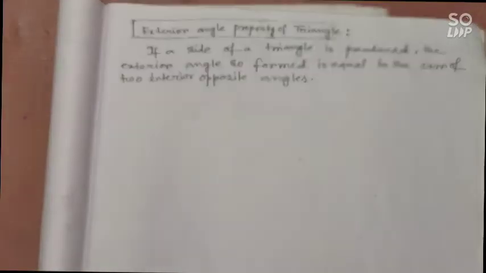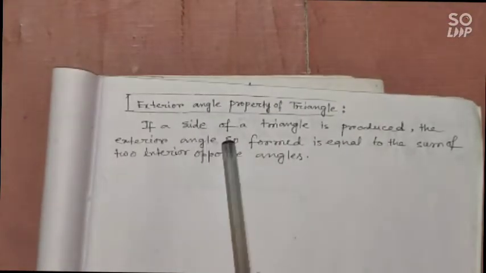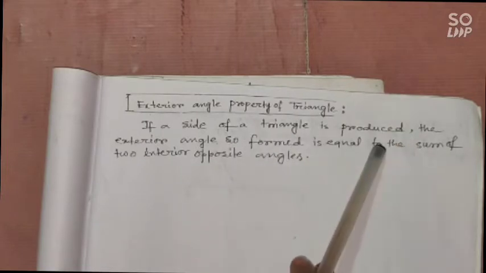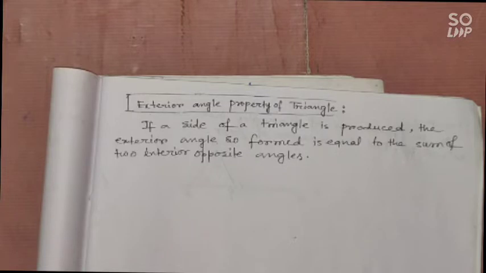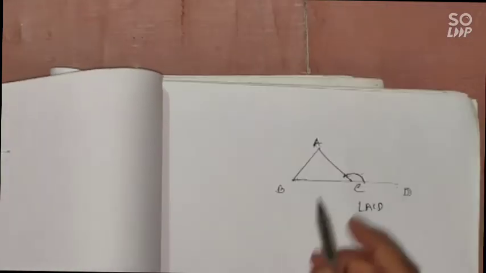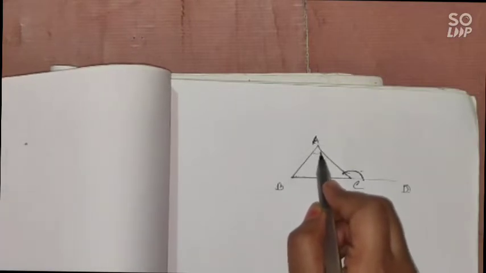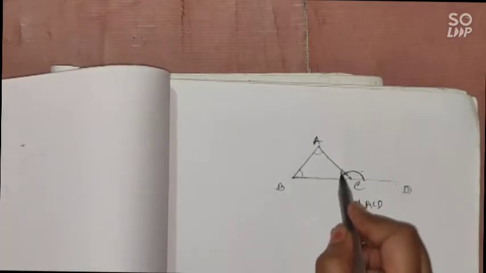Okay, now let's come to the property. If a side of a triangle is produced, the exterior angle so formed is equal to the sum of two interior opposite angles. The interior angles of the triangle are angle BAC, angle ABC, angle ACB.